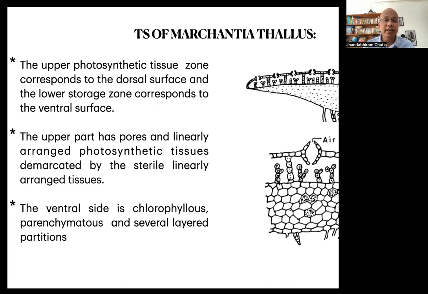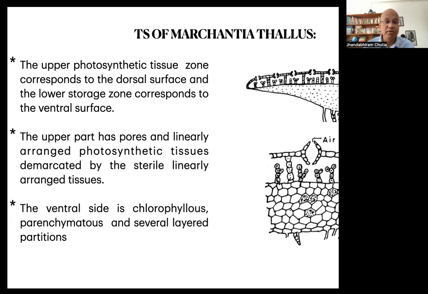In pursuance of this fact, let us observe a simple TS of the Marchantia thallus. The thallus is not finely differentiated. If we make a transverse section of the Marchantia thallus, we will observe an upper photosynthetic tissue zone, which corresponds to the dorsal surface, and a lower storage zone, which corresponds to the ventral surface.